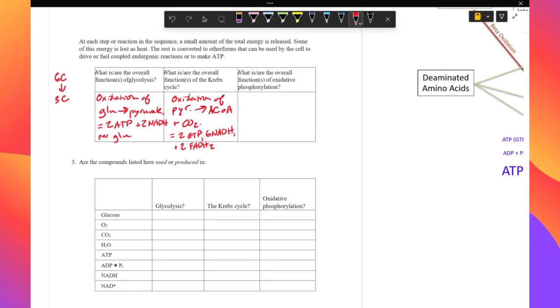And finally, what are the overall functions of oxidative phosphorylation? So this is the big moneymaker in terms of ATP. So the overall function is the oxidation of NADH and FADH2, or FAD, to H2O, one of our byproducts, and NAD or FAD.